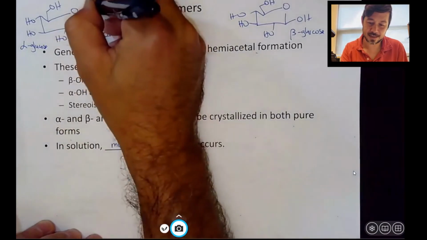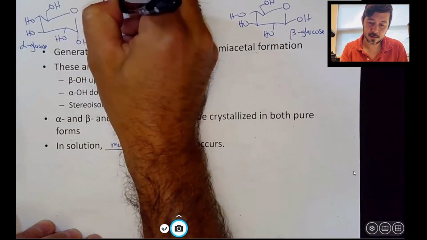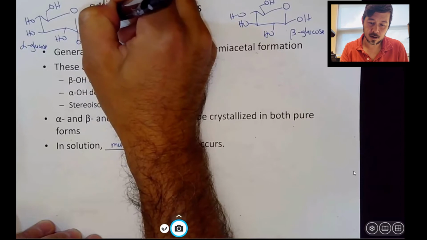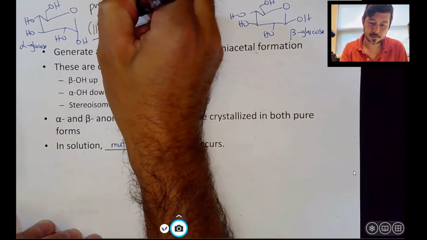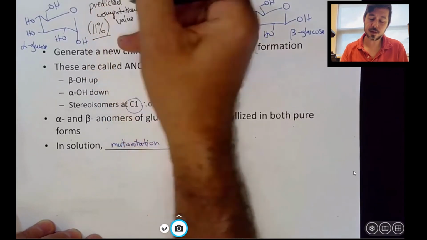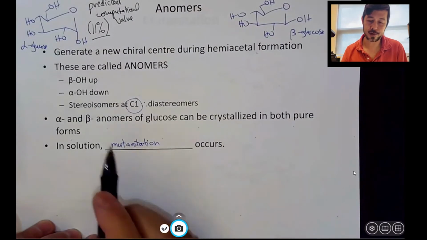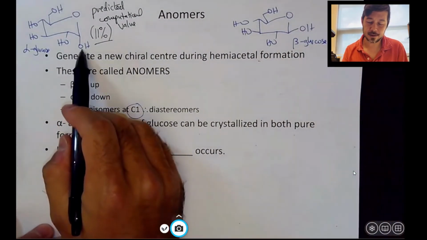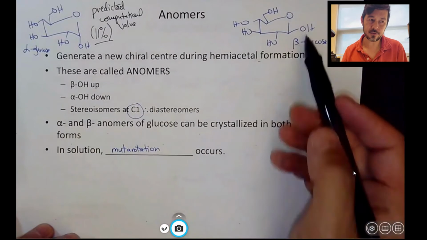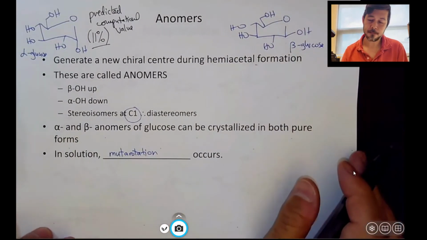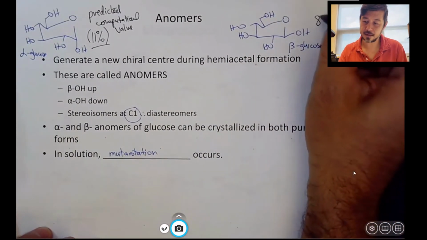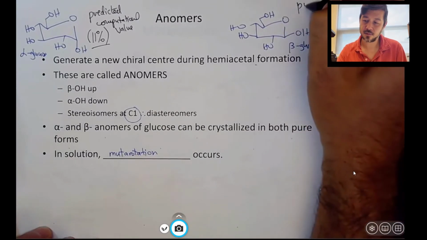This is predicted, computational, and it largely just takes into account sterics. You know that axial is not as good as equatorial from a steric point of view. And in contrast, the beta glucose was expected to be around 89%, a predicted computational value.